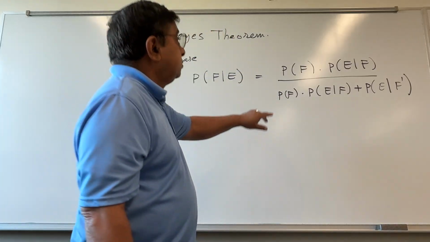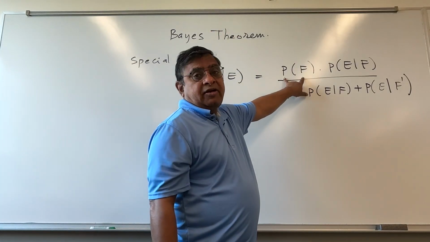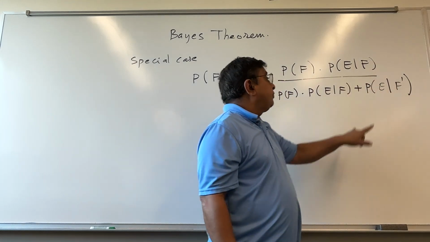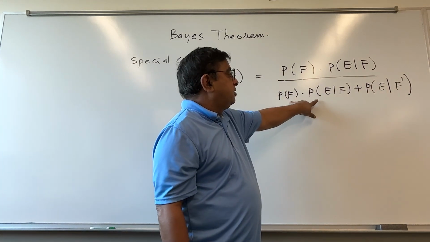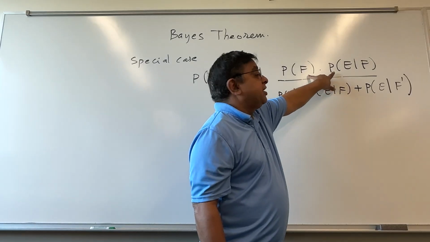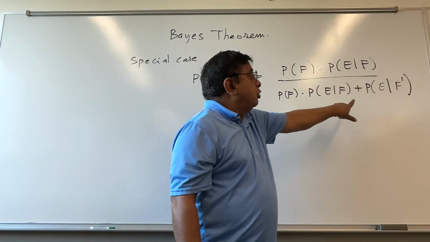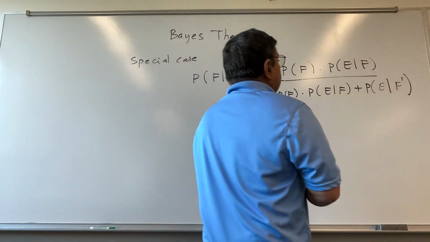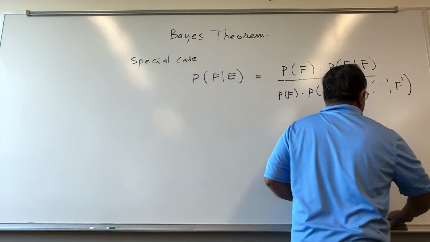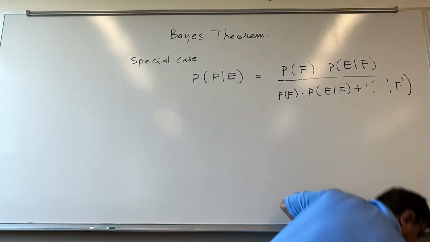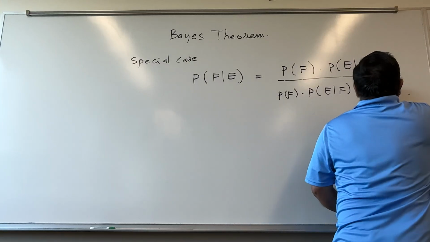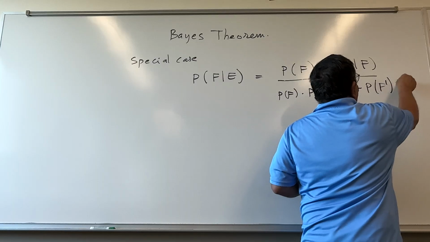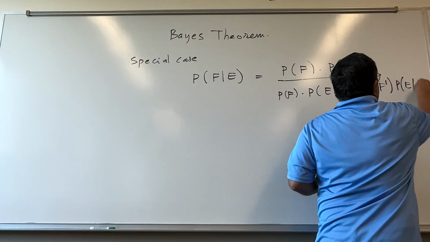is equal to probability of F times probability of E given F divided by this quantity, which is exactly the same as the numerator plus some additional stuff, which is P F prime times P of E given F prime.